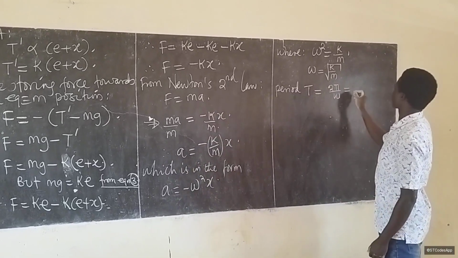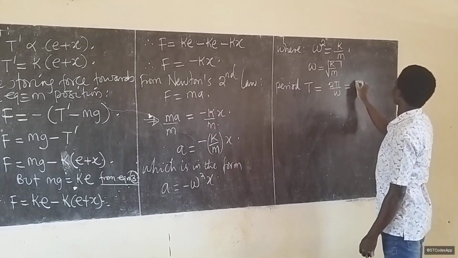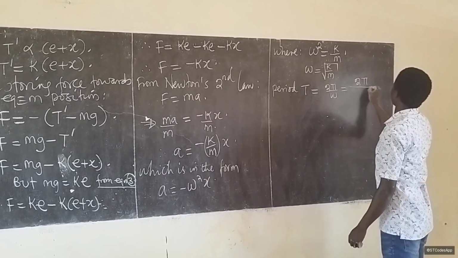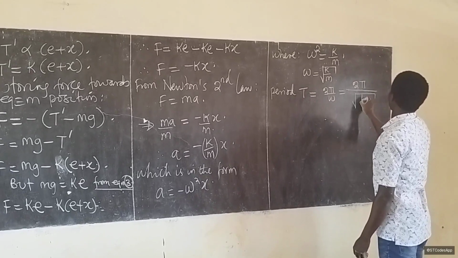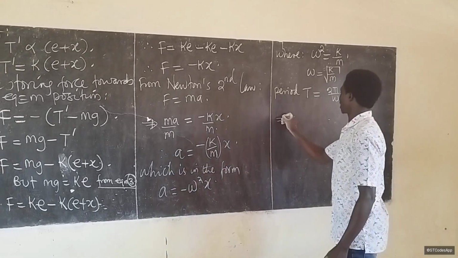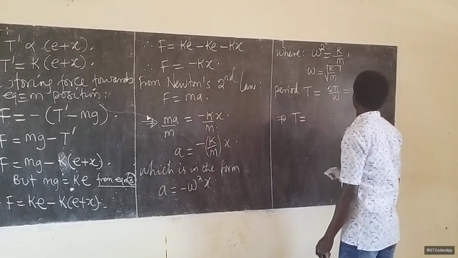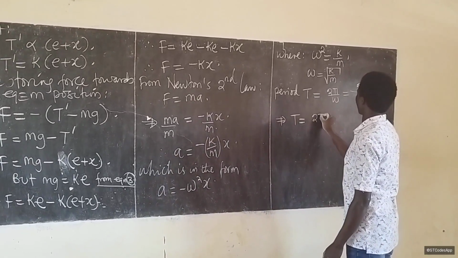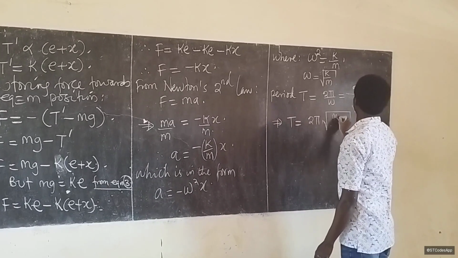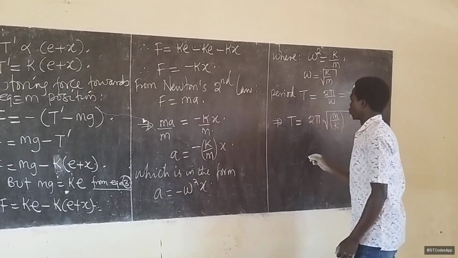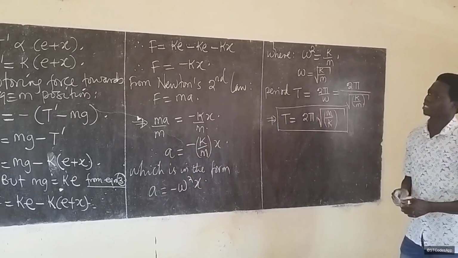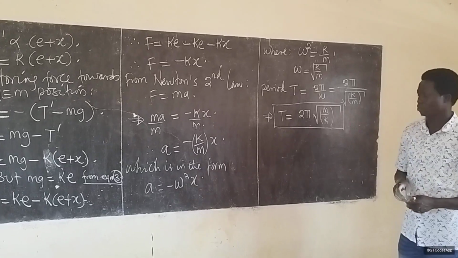So this one becomes 2 pi out of the omega, which is the root of k out of m. That is my period, which can be written that the T itself, which is the period, will be written as 2 pi times the root of m over k. So this is the period for the spring mass system that oscillates with simple harmonic motion.